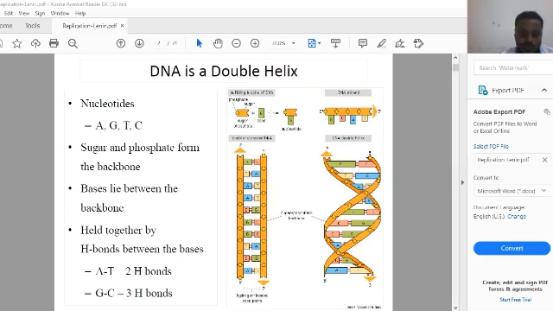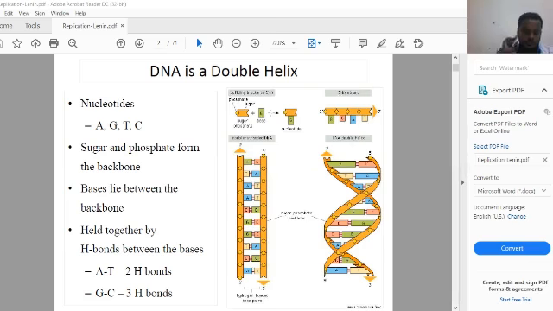The bases lie between the backbone. Purine and pyrimidine bases lie between the backbone of the DNA and are held together by linkage: between adenine and thymine, two hydrogen bonds are present, and between guanine and cytosine, three hydrogen bonds are present.